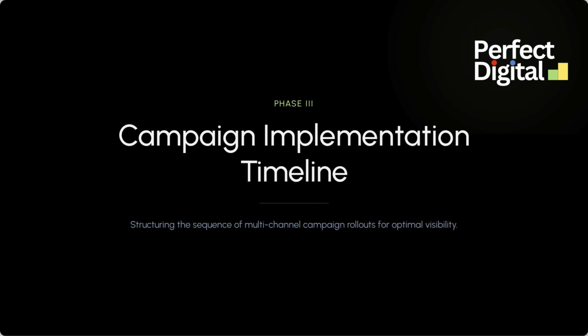Month 3, we amplify. Launch targeted paid validation campaigns and build initial lookalike audiences. Month 4 is optimization. Analyze your real-time data trends to adjust budget allocation safely toward your top performing channels.